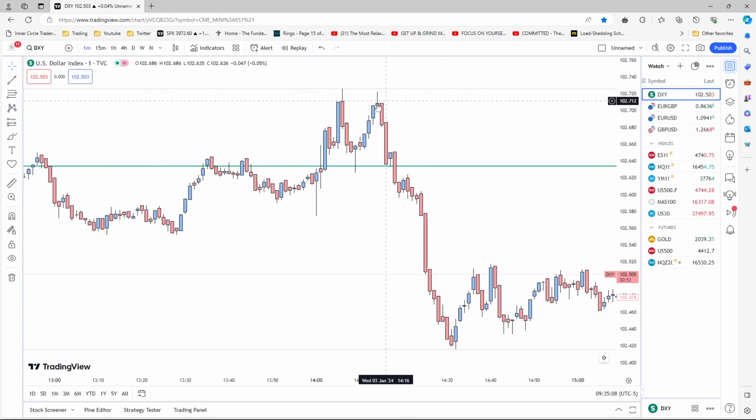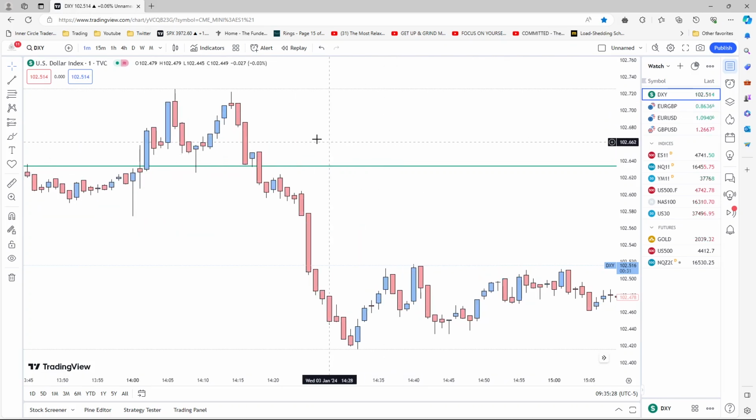You also have an order block. These 3 consecutive up candles, that would be an order block. You can see we didn't really trade back up into this. We also had a bit of a gap, which we did trade into.